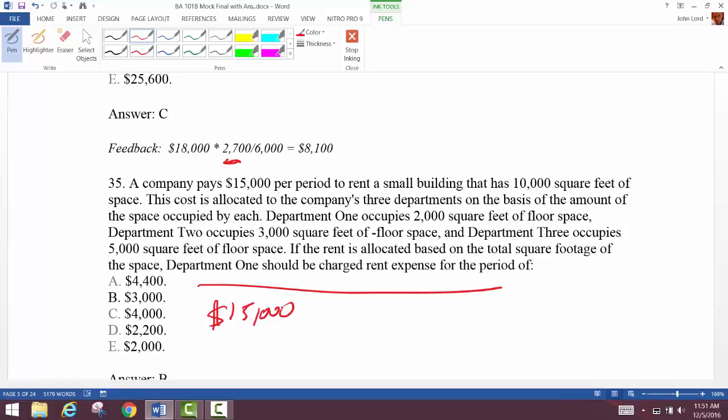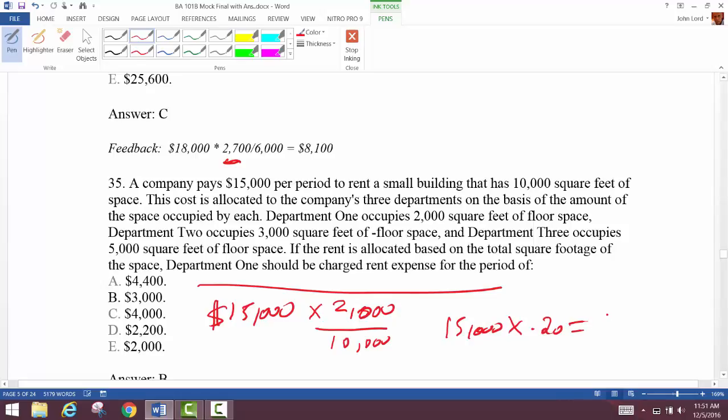Since they're asking me Department 1, I'm going to multiply that by 2,000 divided by the total, which they told me is 10,000. By the way, guys, I would re-add the totals in questions when you're on the test, just to make sure. I don't trust them, you know. There's nothing we can do to them if they screwed it up. So 15,000 times 20% means that 3,000 is going to go to Department 1.